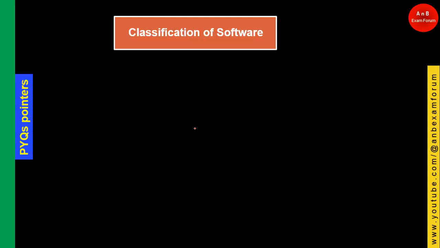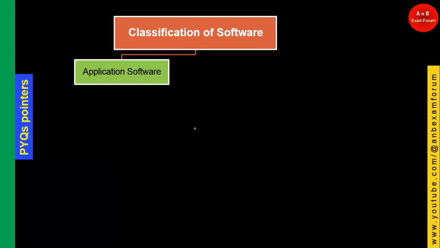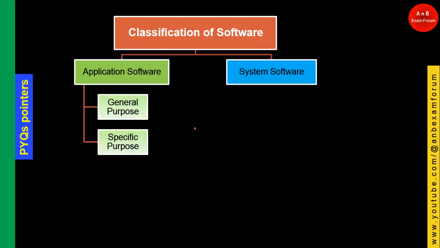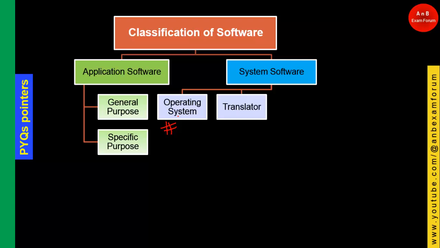Okay, so the classification of software goes like this. We have two types of software, application software and system software. In the application software we have two types, general purpose and specific purpose. And in the system software, the very important one is the operating system. Operating system is one of the important system software which is found in every computer nowadays.